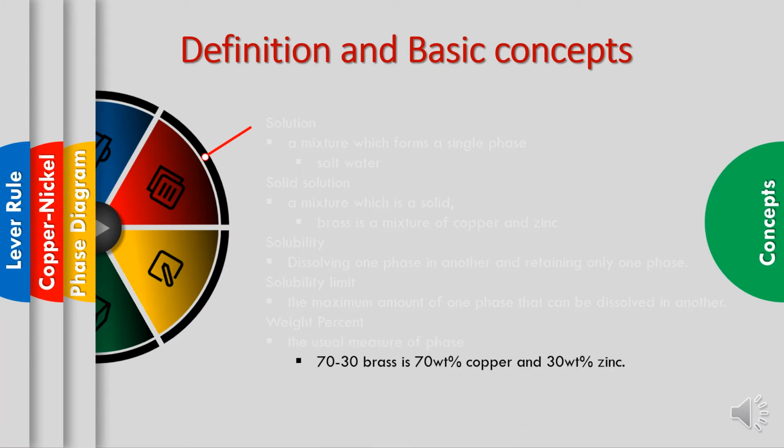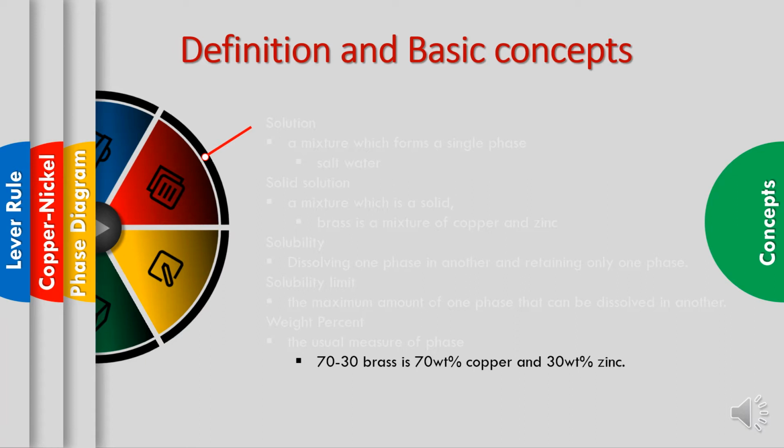Let's say if you have a 70-30 brass, that means we have 70 weight percent of copper and 30 weight percent of zinc. So the combination of the composition of different weight, but in terms of percent.